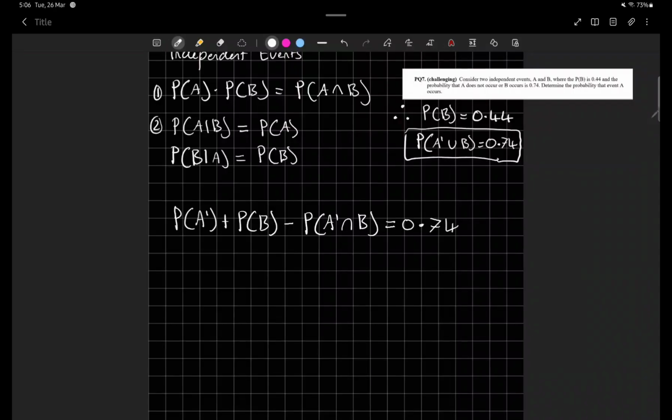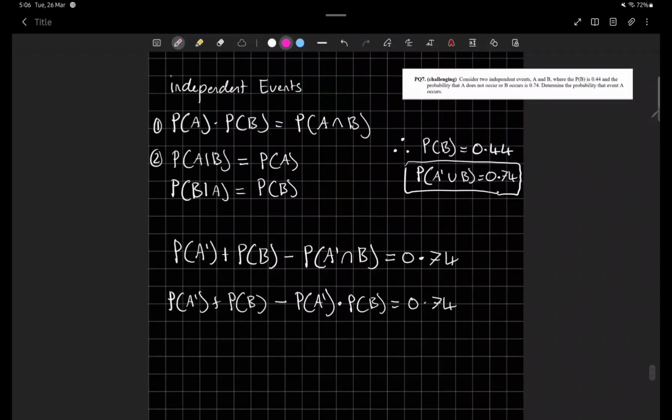So we can write this again as the probability of A complement plus the probability of B minus the probability of A complement times the probability of B is 0.74. And that's due to the multiplication rule of independent events, which is stated here.